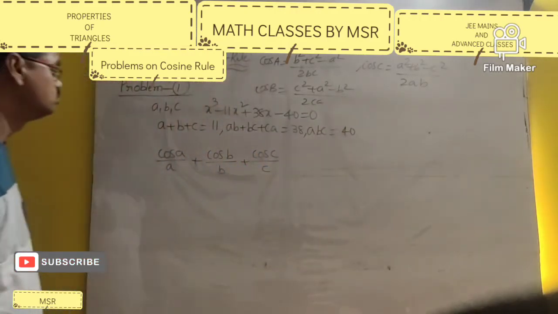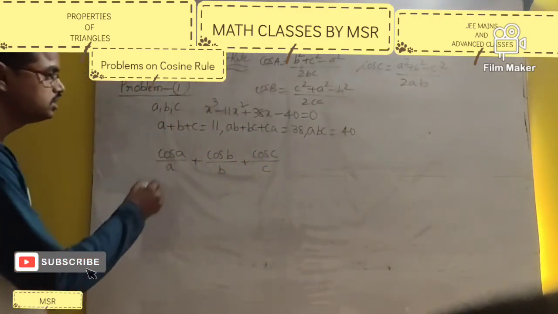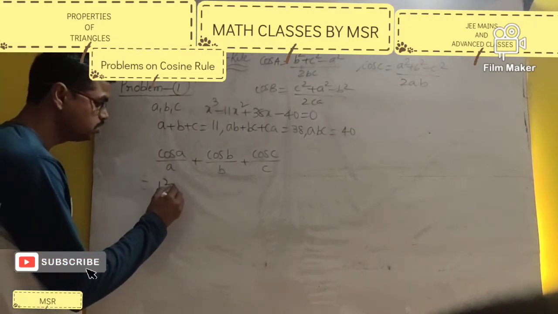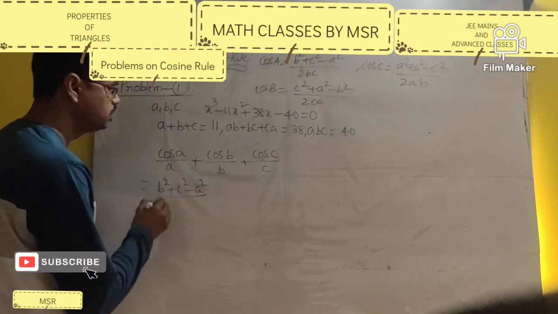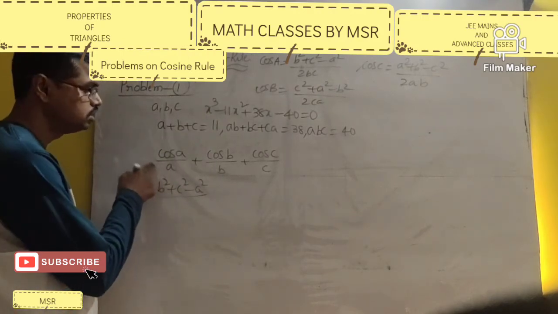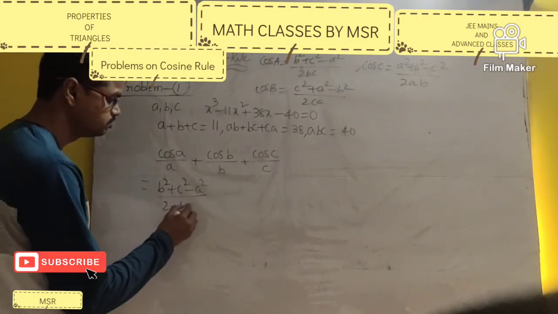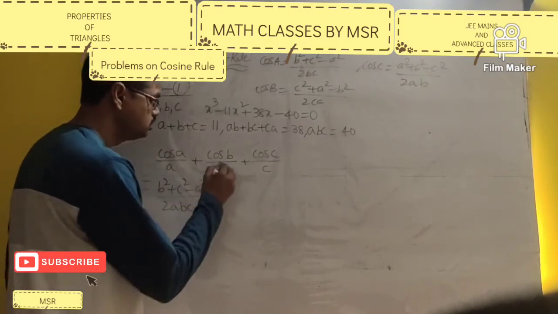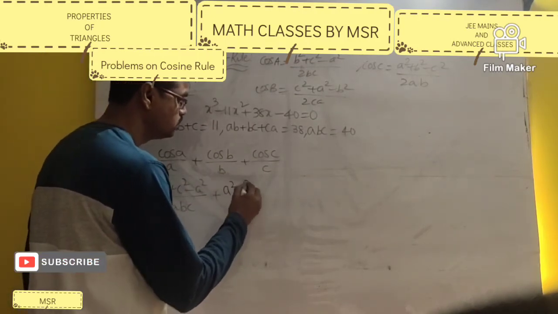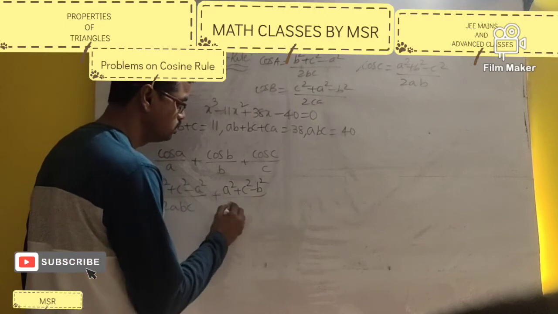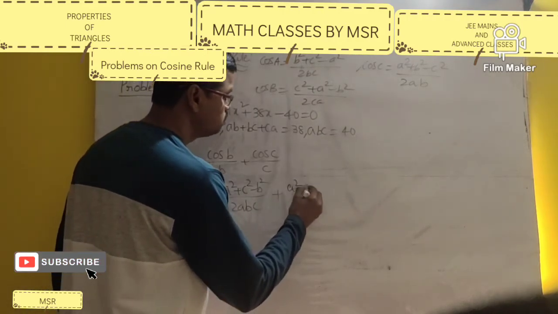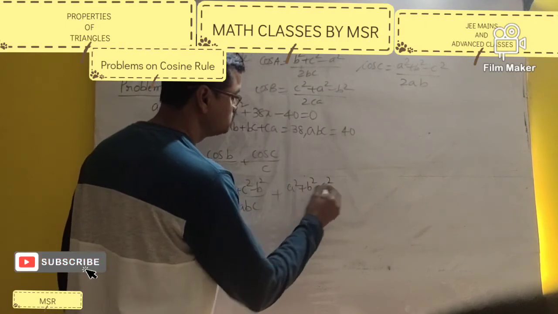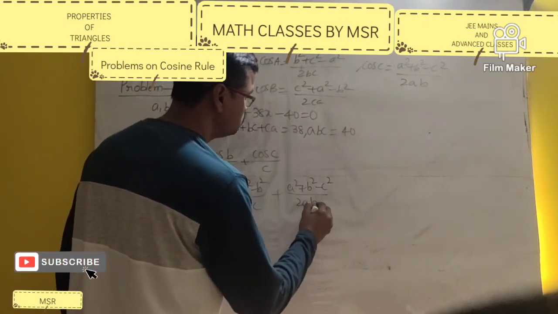Okay, now use the cosine rule. Here cos A is b square plus c square minus a square by 2bc, so multiplying by a, it is 2abc. Same model we solved already. So a square plus c square minus b square by 2abc plus a square plus b square minus c square by 2abc.